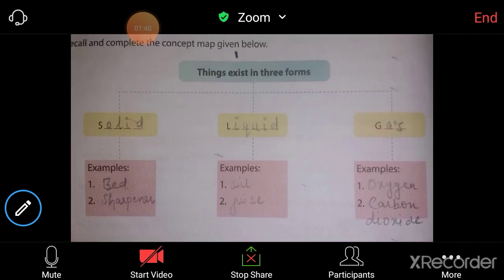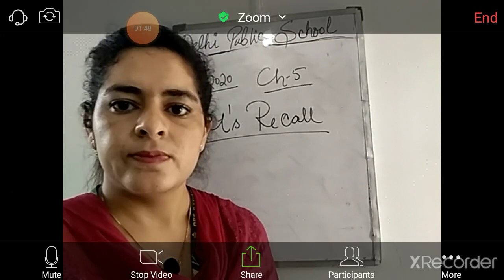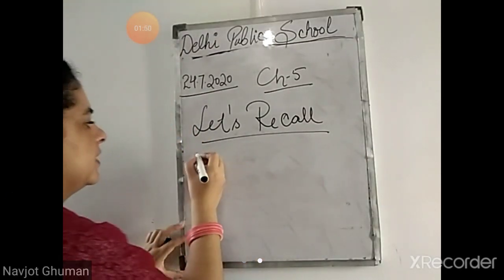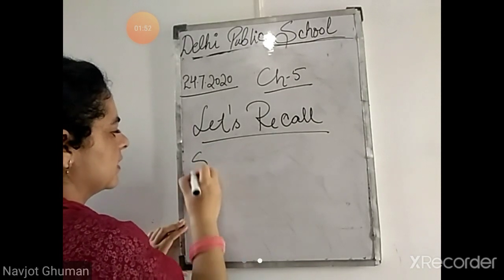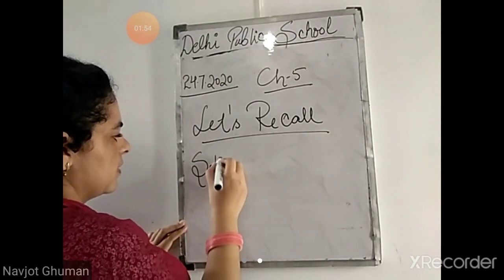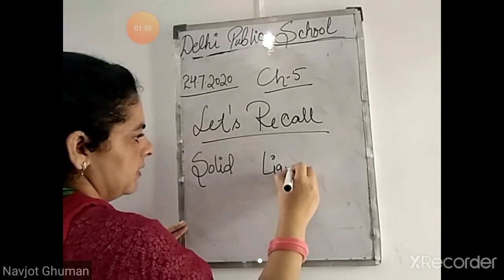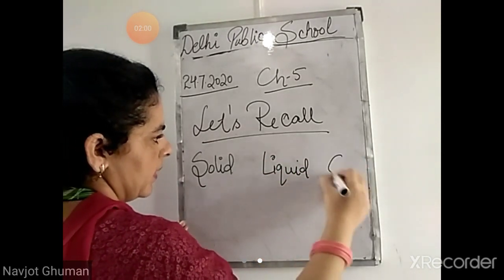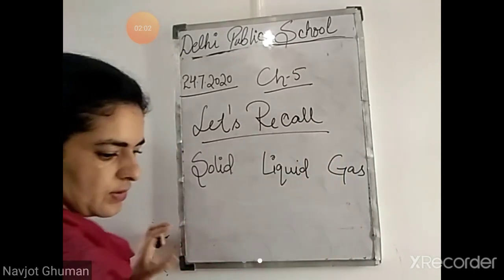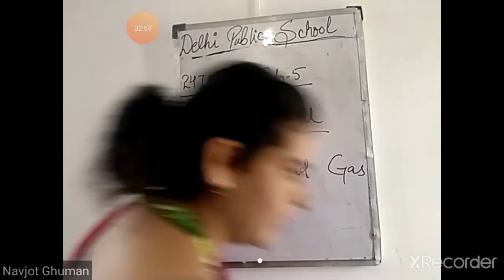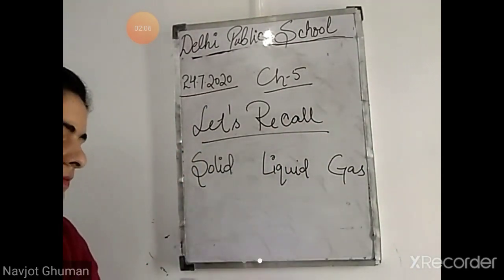We have to write. Now, we have read about the 3 forms of matter. So, which are the 3 forms in which things exist? First is solid, then liquid, and third one is gas. So these are the 3 states in which things exist.